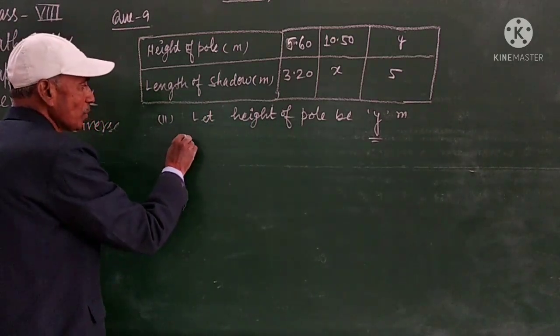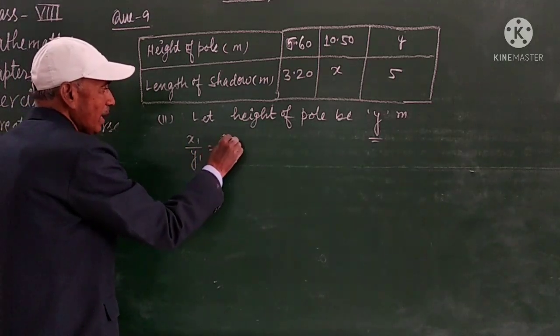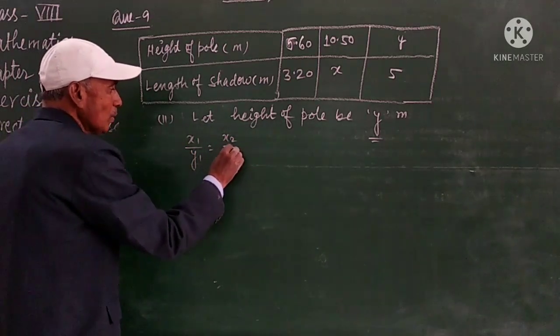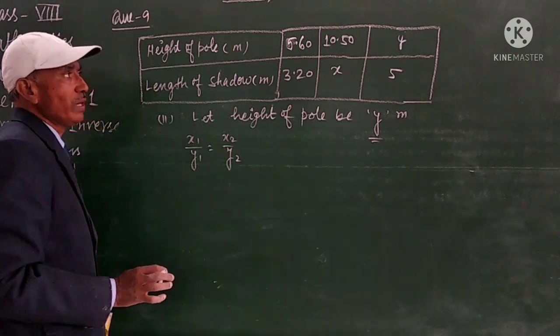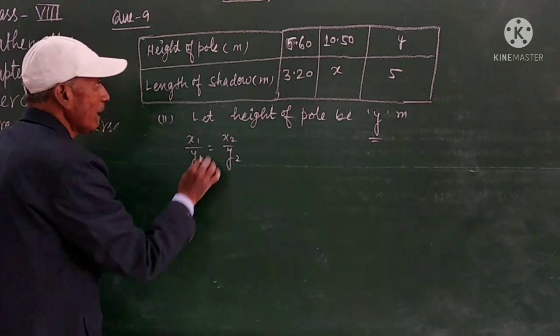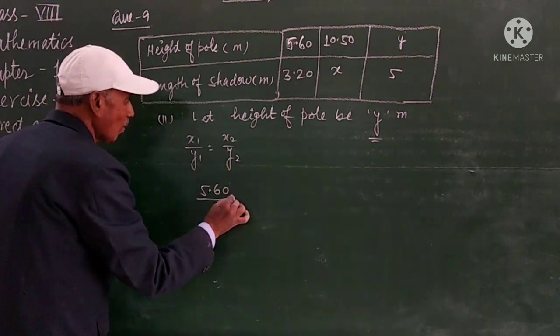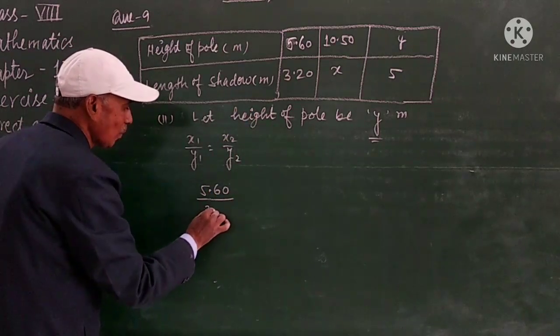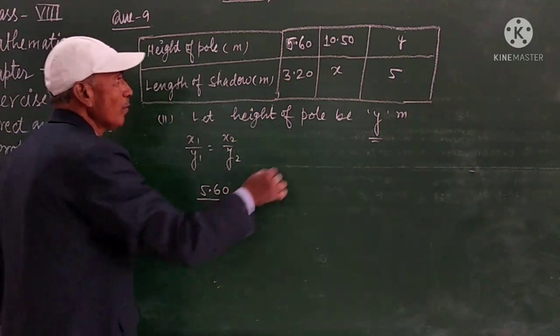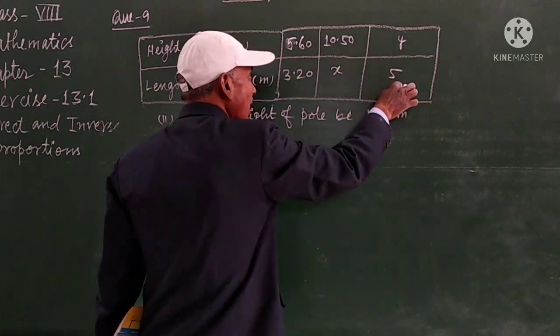So we have to use x1 upon y1 is equal to x2 upon y2, and in this, x1 is 5.60, y1 is 3.20.